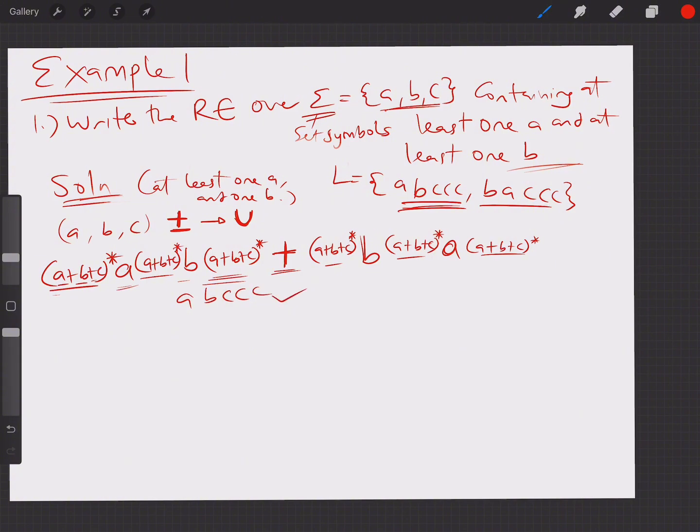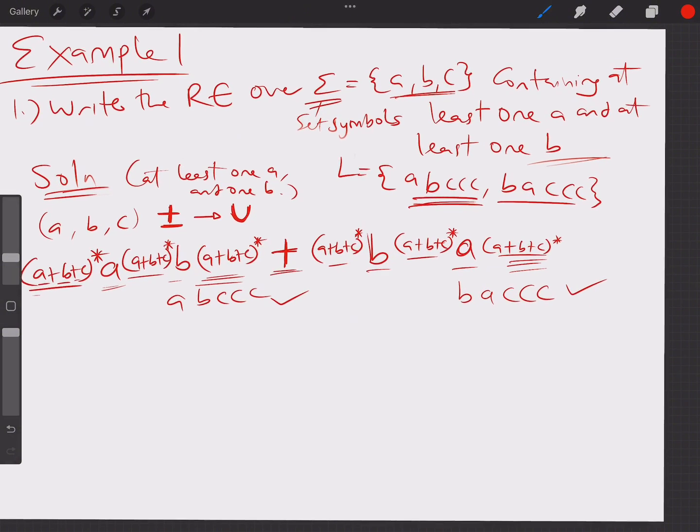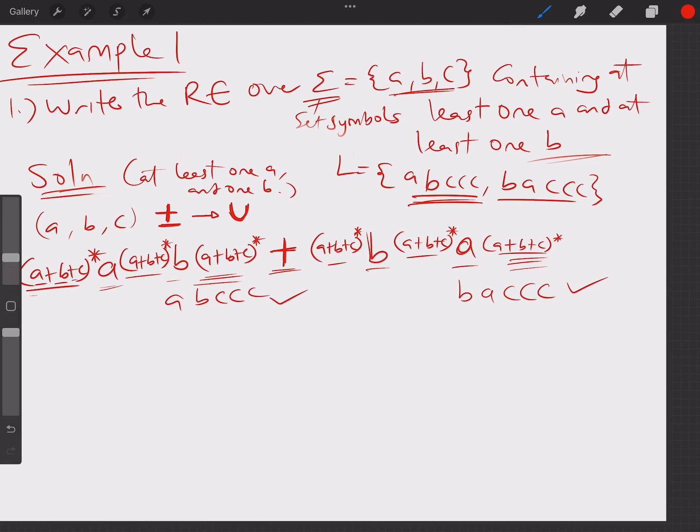For B, A, C, C, C, we can start with a B, we can have an A, then loop C 3 times here, we'll have B, A, C, C, C. So that checks out. If you do not understand, you can watch it one more time. But I believe maybe it's better to handle another question so you could familiarize yourself with this concept.